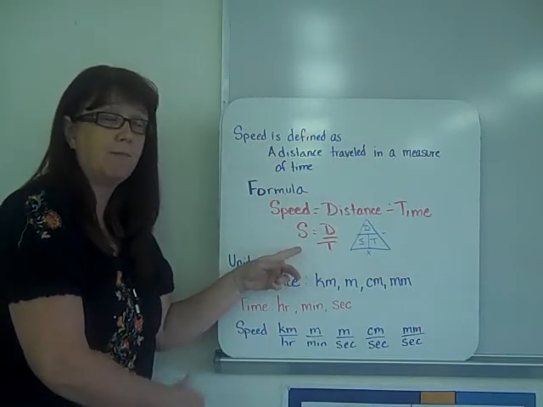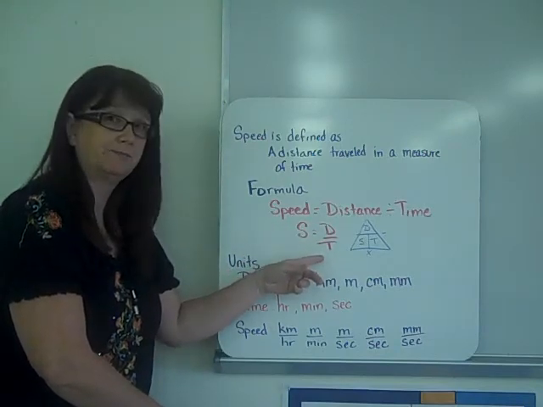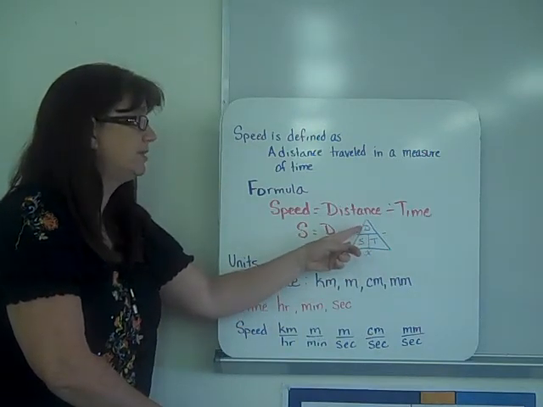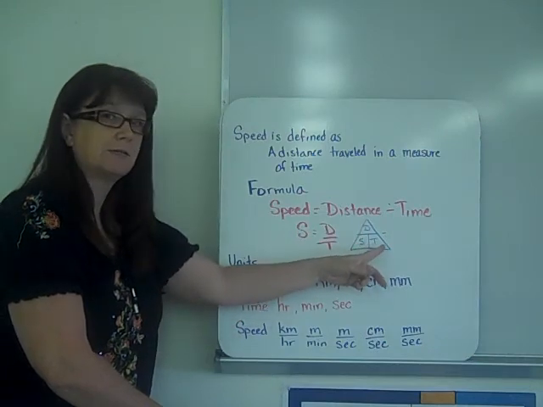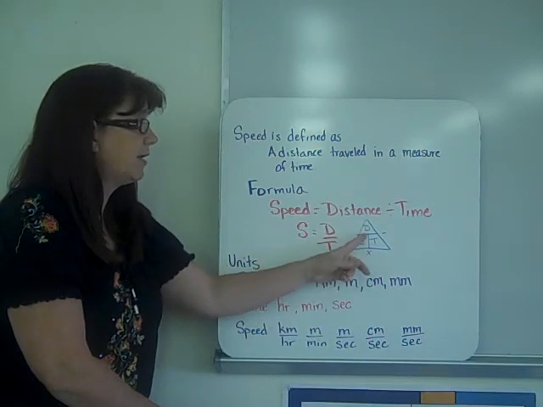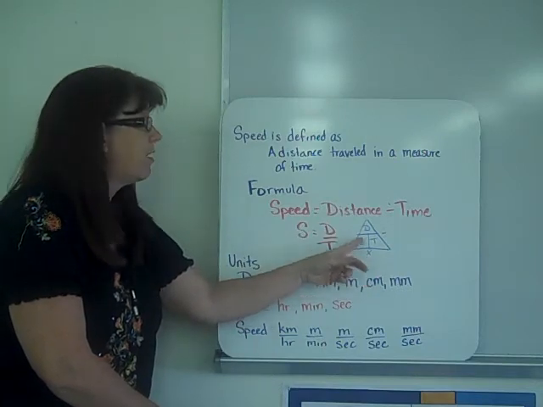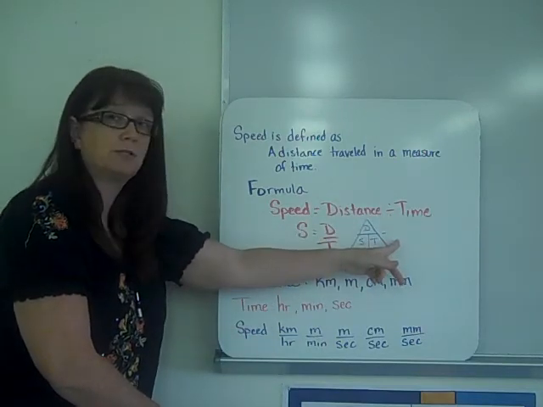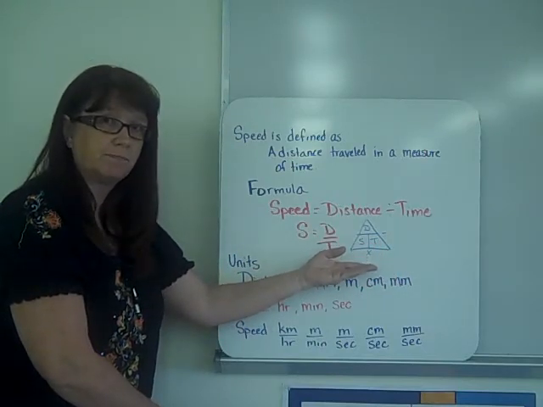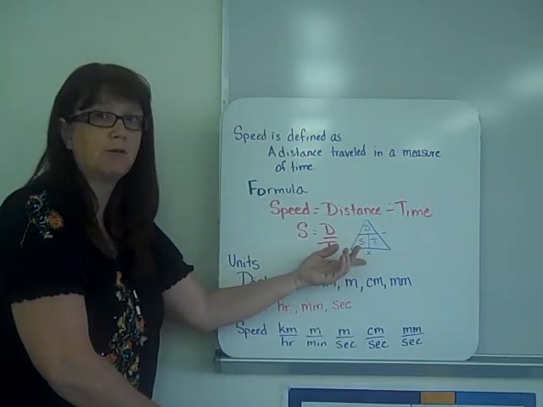Some of you may remember seeing it as S is equal to D over T. And some of you may remember the triangle where we have D on top and S and then T. Remember, the triangle divides out, and this line that goes up and down means to multiply, and the line that goes across means to divide. As we work tomorrow in class, you'll be using some of this information, and this will become clear if you haven't used it.